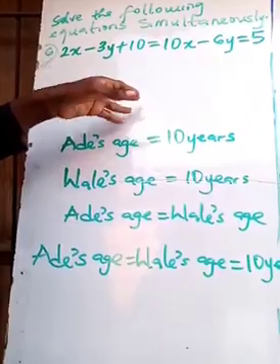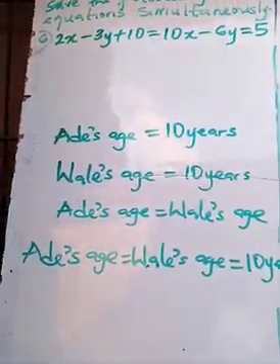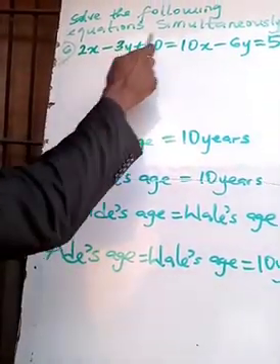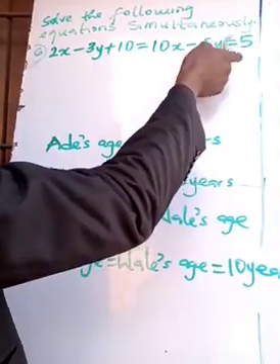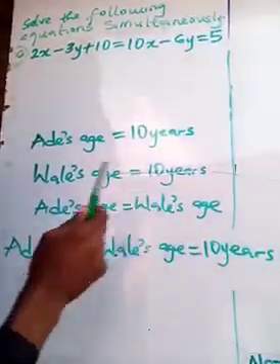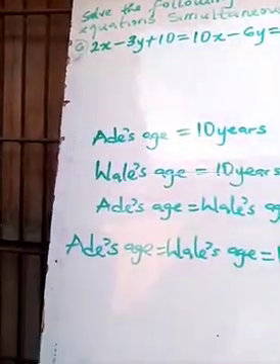You can use it anyhow. You can say this equals this equals this, anyhow you want to do it, since they are all equal to each other. Just like Ade's age equals Wale's age and Wale's age equals 10 years. So that means Ade's age is also 10 years. So you can put it anyhow.